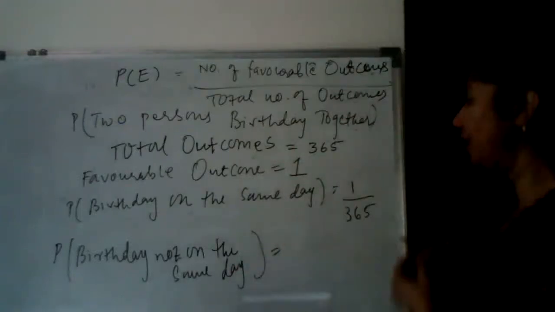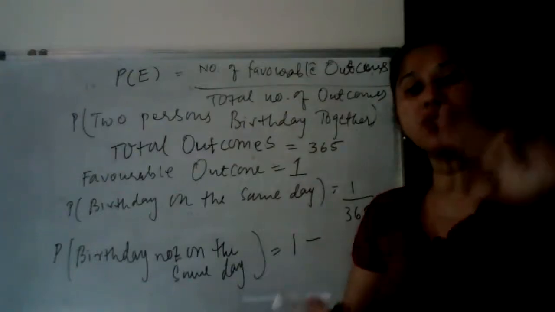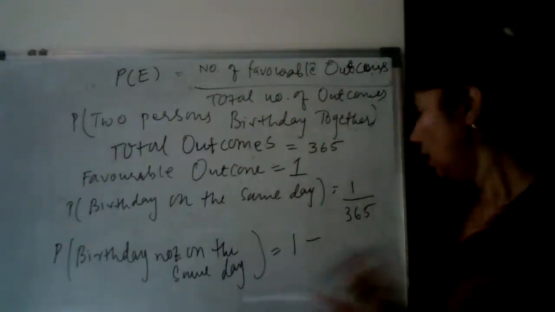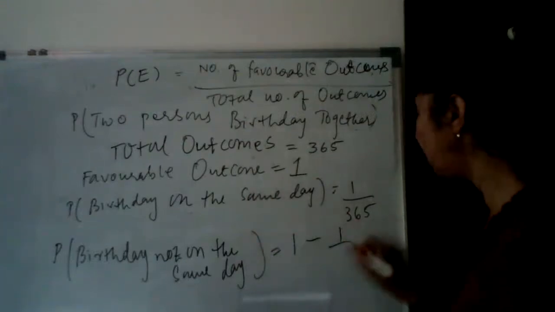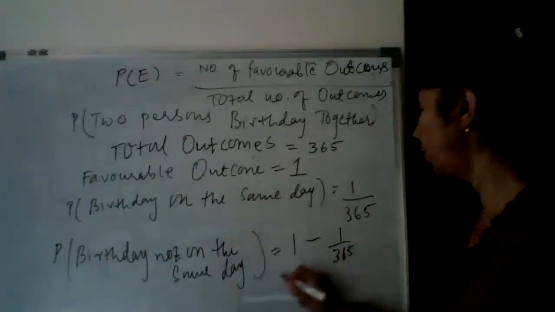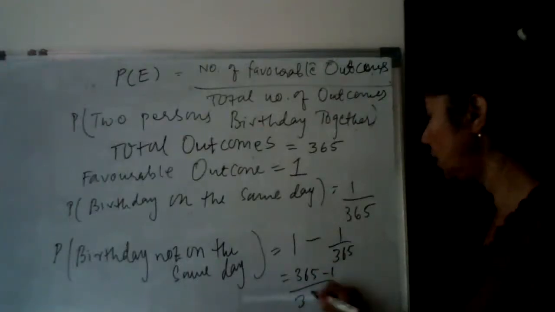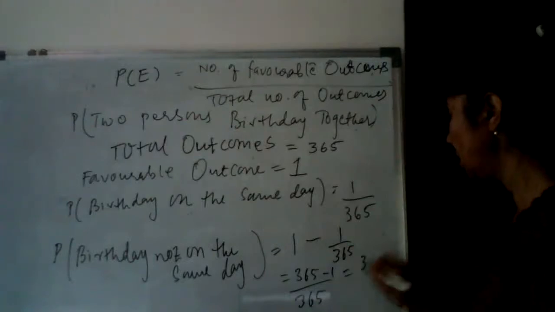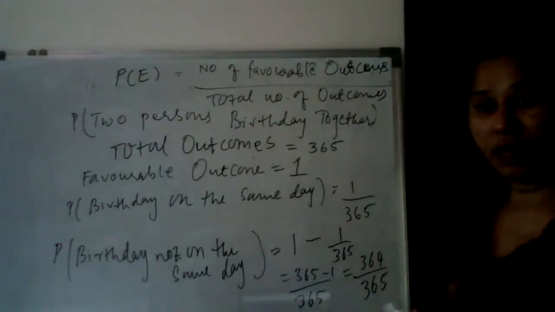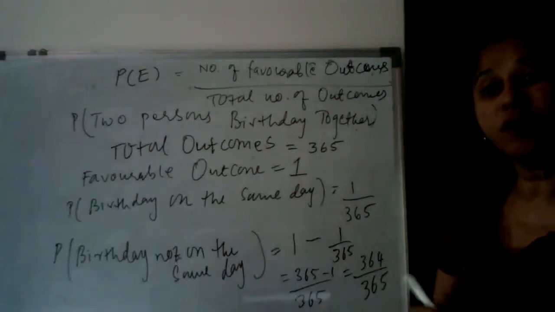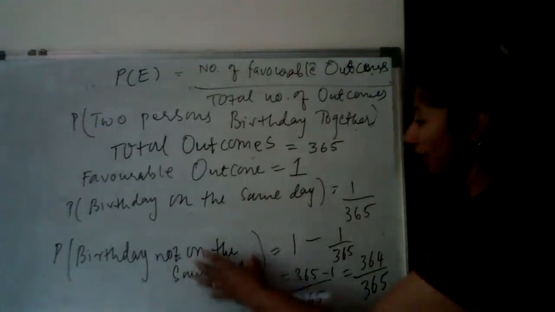So either you can do it as 1 minus, I told you that the sum of complementary events is always 1. So the probability of this will be 1 minus 1 upon 365, which is 365 minus 1 upon 365, that is 364 upon 365, right? Either you use the concept of complement, or directly you can understand.